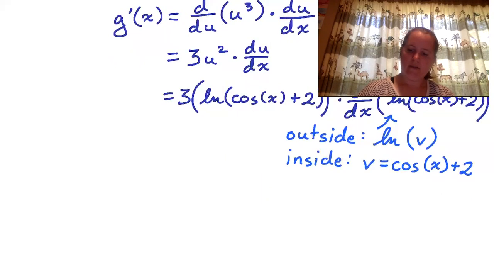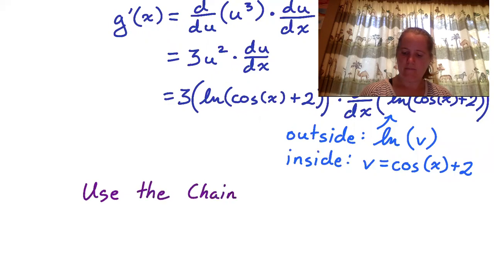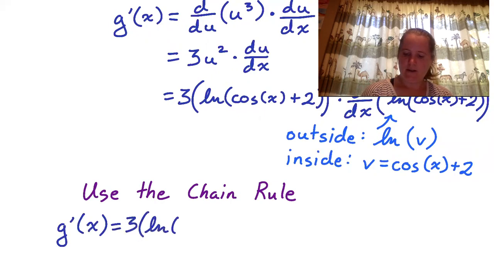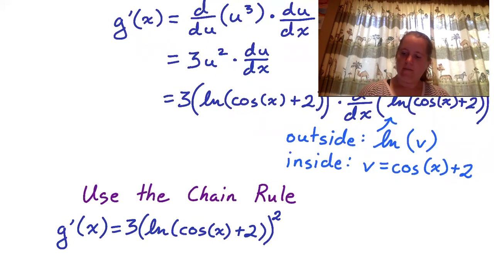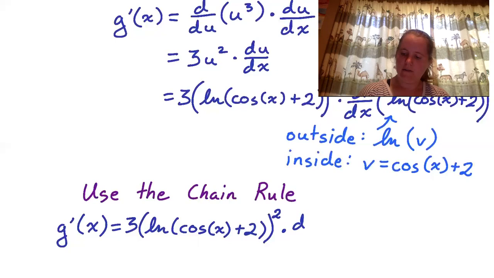So we have, if we use the chain rule again, g prime of x equals, we still have 3 times the natural log of cosine of x plus 2, that entire natural log squared. Then we should have the derivative with respect to v of natural log of v.